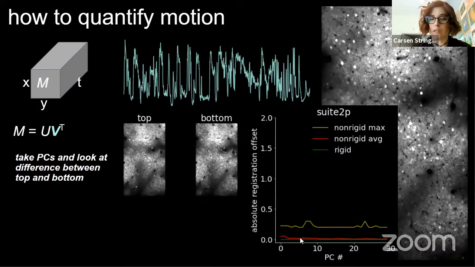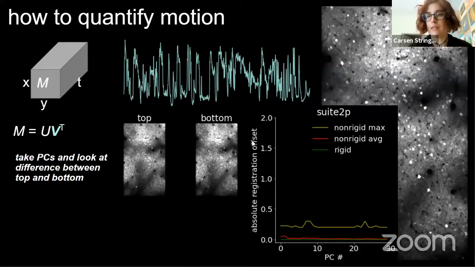The registration offset is very small in the rigid case and on average across non-rigid blocks. And the non-rigid max, which is the block that moved the most across all these registered blocks, was around 0.2 pixels. This is in pixel space, so this is quite small. So Suite2p did a good job on this relatively high SNR recording.